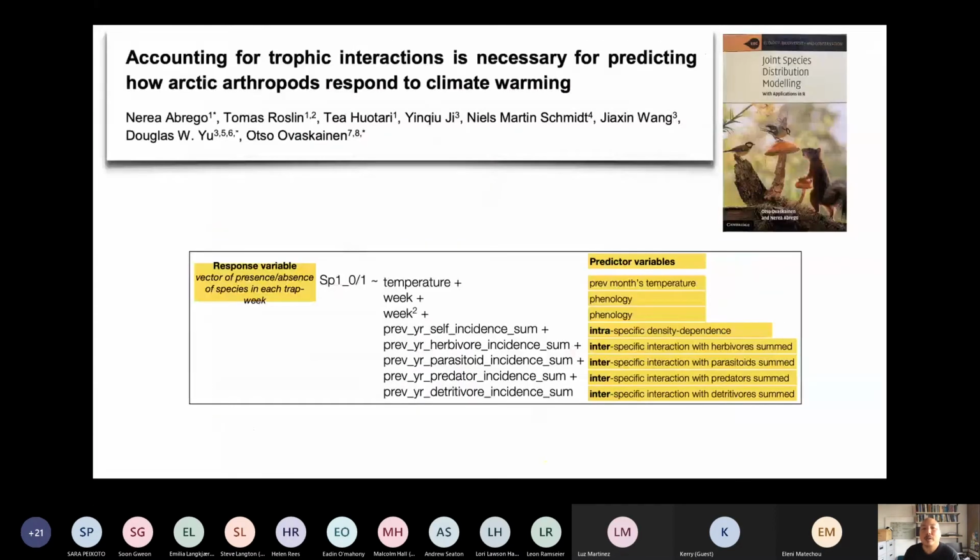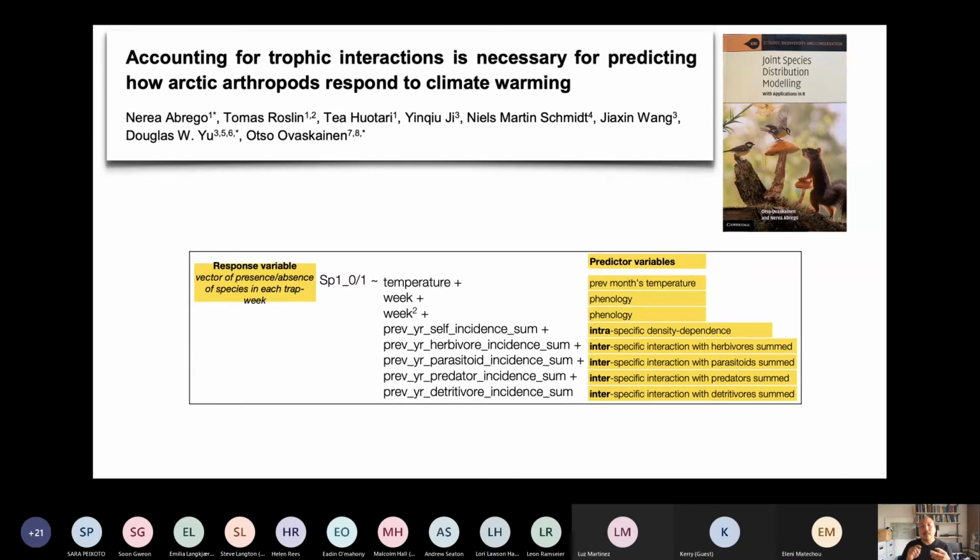So what's going on? We're lucky, I said, because not only do they have this great data set, but we also have the people who literally wrote the book on joint species distribution modeling, Nerea Abrego and Otto Vaskainen. And so we have this paper in review now where they modeled the presence or absence of each species every single week in a year as a function of temperature of the previous month, temperature in that week.